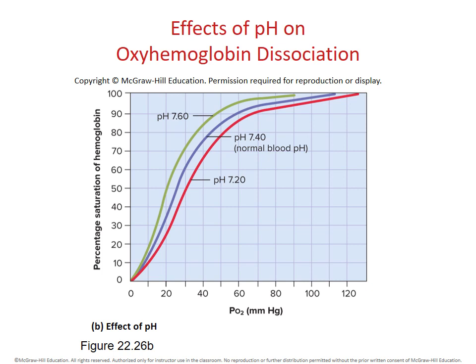The red curve indicates a reduced pH, which means more acidic conditions, and remember that's associated with increases in carbon dioxide levels. And the green curve represents higher than normal pHs, and that's of course usually associated with lower than normal CO2 levels.